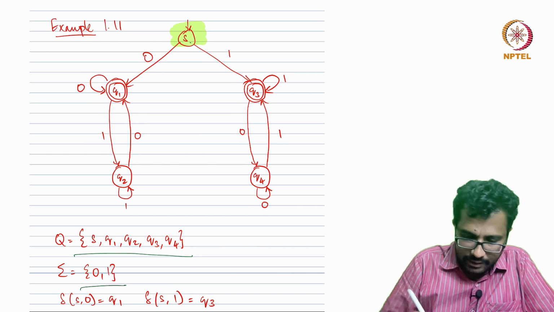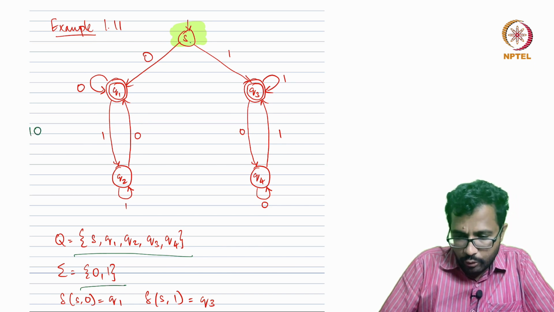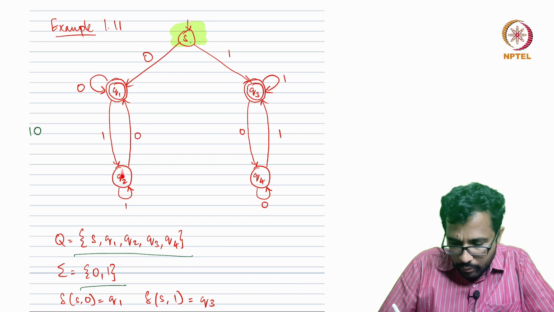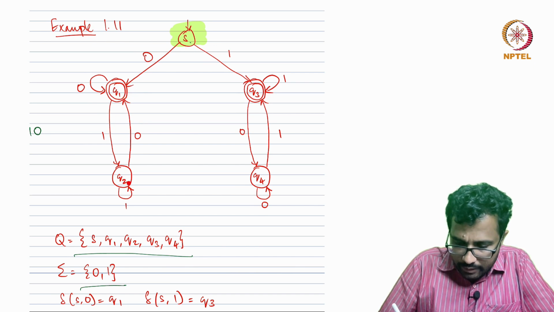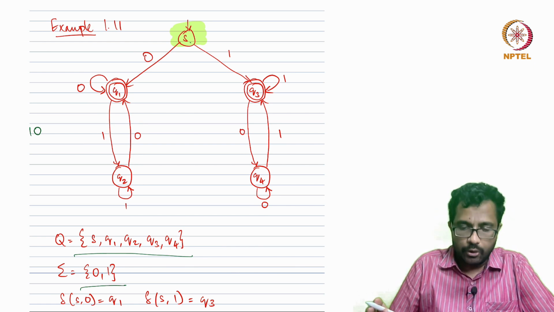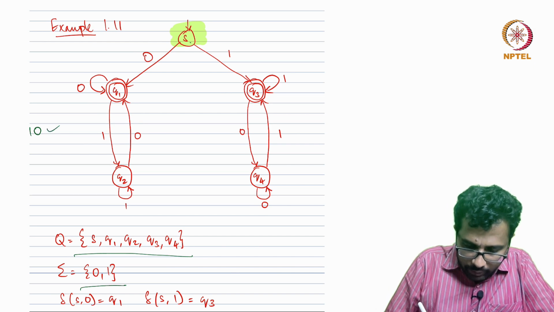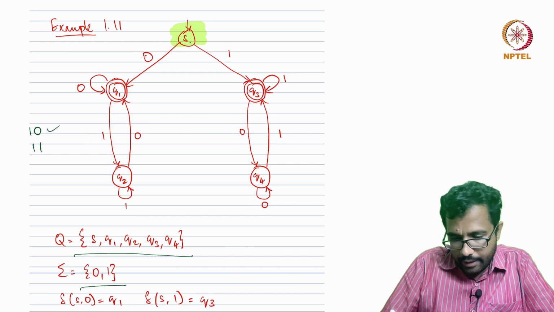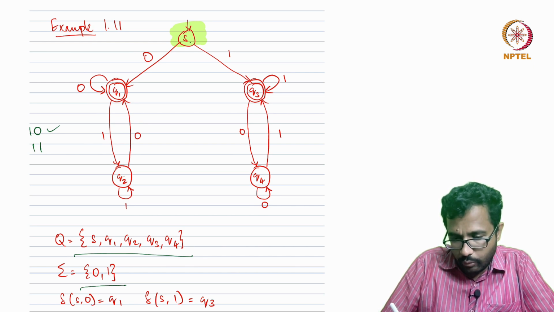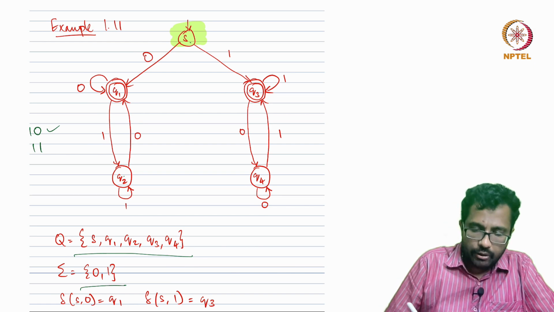So let's try some examples. Let's say 0 1 0, is it accepted? First symbol is 0, you move from S to Q1, and then you see a 1, you move to Q2, and then you see a 0, you move back to Q1, which is an accepting state. So 0 1 0 is accepted. How about 0 1 1? From S you move to Q1, then you move to Q2 upon seeing the 1, and the third symbol, 1, keeps you at Q2, which is not accepting.